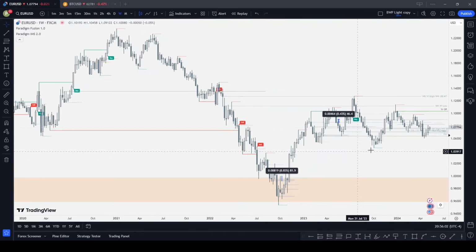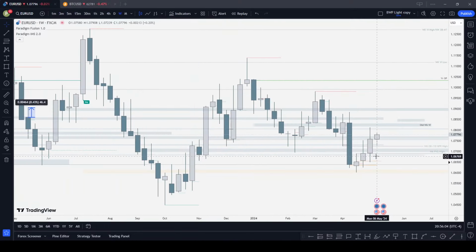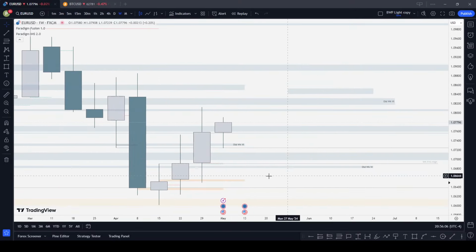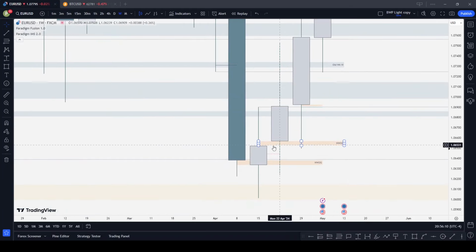Let me show you that. So we can see that this is the one we're dealing with. This is the 29th. You can see this is the setup formed right there, 29th.